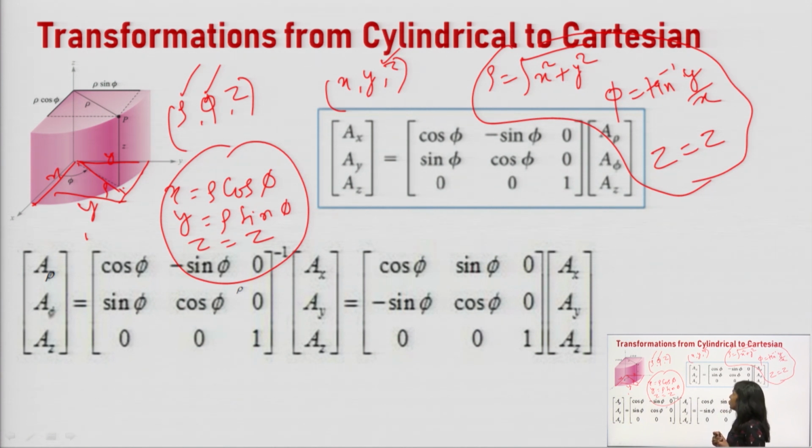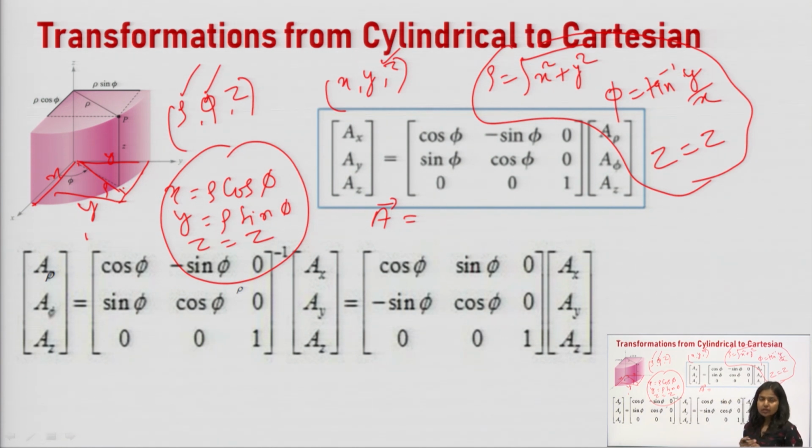Now we need to learn how to transform a vector, especially from cylindrical coordinates to Cartesian coordinates. For that, the formula is given here, and I will give you some tricks to remember it because it seems a little bit complex. Here you can see that we are going to transform a vector, and a vector has magnitude as well as direction.